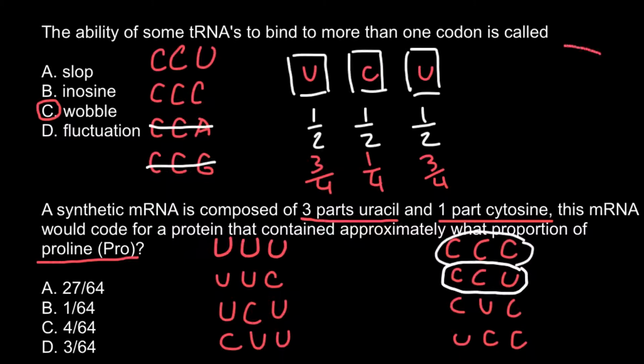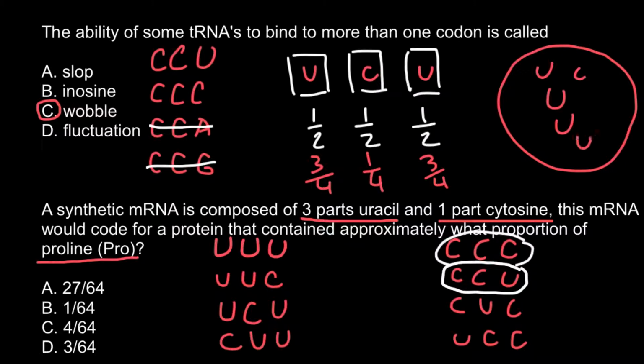So we have, for example, uracils and cytosines, and uracils are present in much higher frequencies than cytosines. Per 1 part of cytosines, we have 3 parts of uracils.